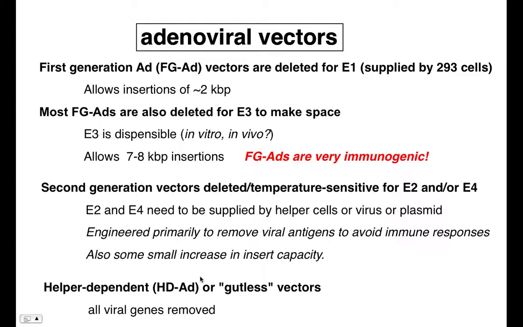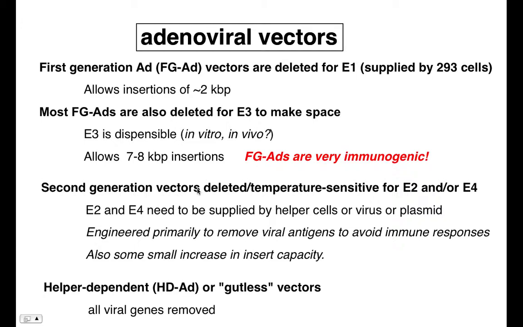So for adenoviruses, the first generation were deleted for E1. Most first generation adenoviruses did that to make space. The problems are that these first generation adenoviruses are very immunogenic, and then the second generation is the plan between E2 and E4 based on the cell or virus or plasmid or ambient heat.